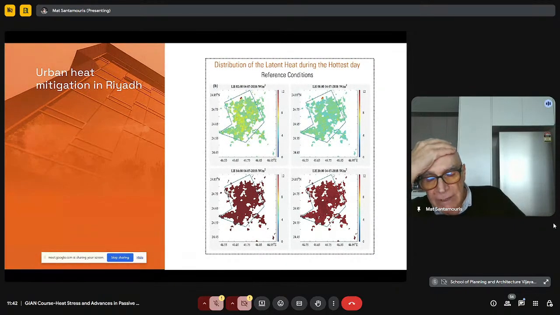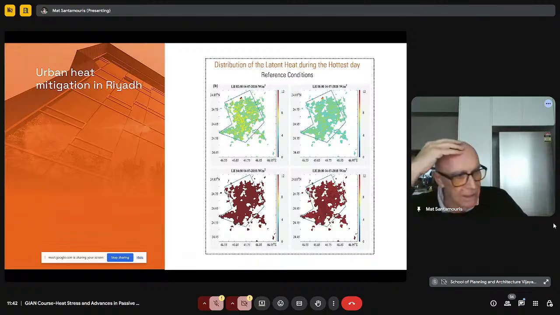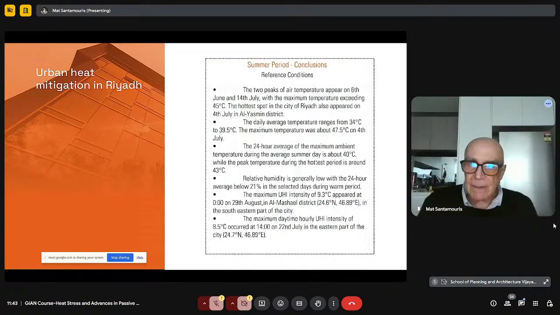So now it starts to become clear what kind of mitigation strategies we have to use. We have to decrease the heat gains, we have to decrease the sensible heat, we have to increase the losses, we have to increase the evaporative and latent heat losses. How can this be done?